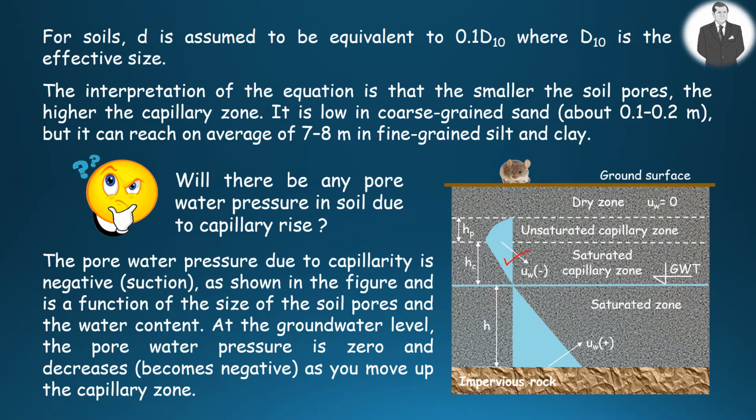At the groundwater level, the pore water pressure is zero, and it decreases. In other words, it becomes negative as you move up the capillary zone. The negative pore water pressure in soil produces suction, and the suction exerts pressure on soil particles, thus making them stronger and more stable.